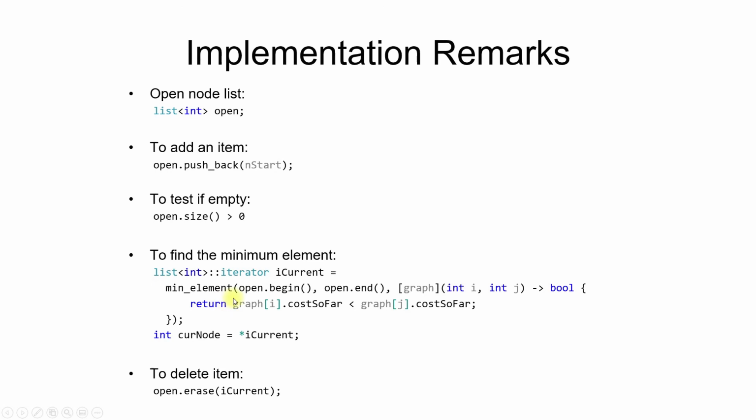There was an example of its use in the waypointing part of this lecture, so I won't repeat all the details here, just mention that we use a slightly different logical predicate, which makes it possible to find the element with the minimum cost so far. And finally, to delete an item, use the erase function, also available in STL.